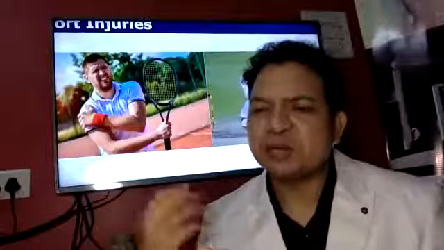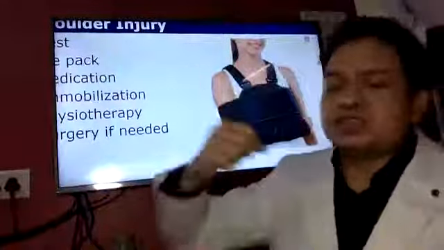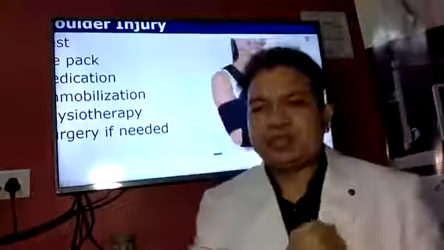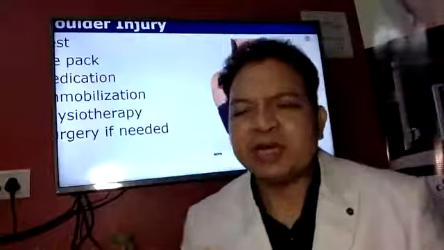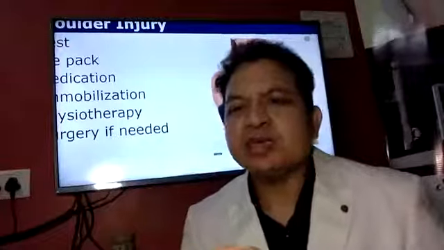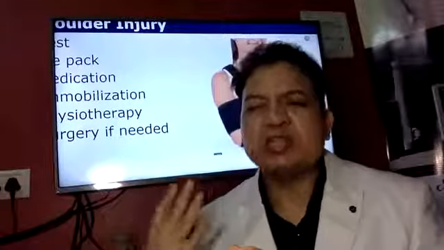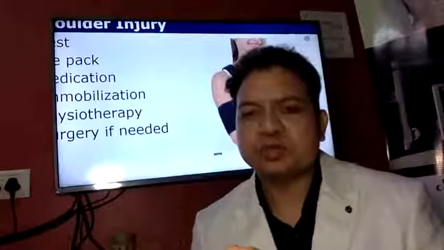The treatment protocol is the same. We generally give the patient braces which help to reduce the movement of the shoulder. They keep the shoulder joint in an immobilized position. Apply ice, give medications, and after the pain subsides, then physiotherapy to strengthen the muscles and ligaments and gain movement of the shoulder joint.